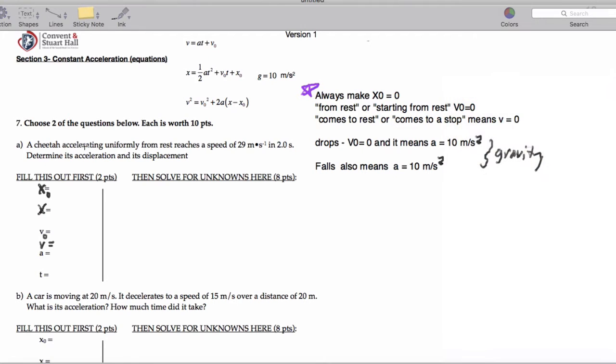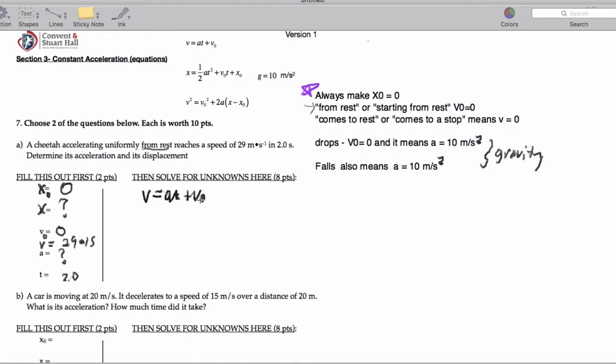Now, let's go ahead and use this to solve some problems. We start at a speed of 0, and we don't know how far it's going to go. We know it starts at a speed of 0 because it says from rest, using that hint. V final is 29 meters per second. The acceleration is unknown, and t is 2 seconds. First thing, let's get its acceleration. Let's try v equals at plus v naught.